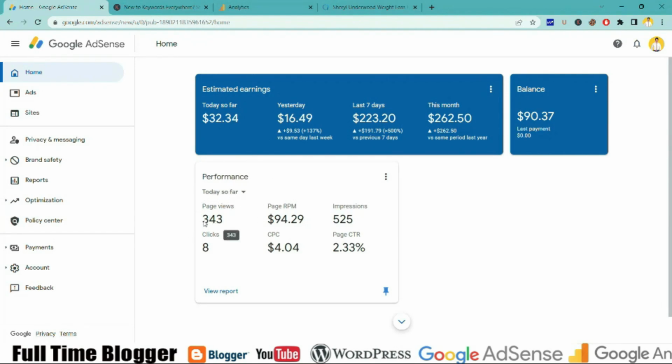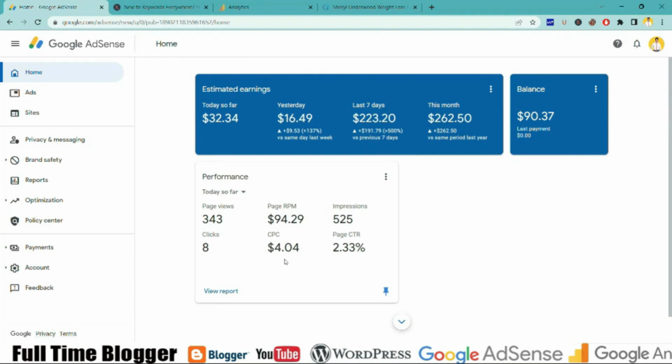I earn this money because my CPC is very good. Here you can see the RPM. My RPM is 94, and I have only 525 page views and only 8 clicks. Here you can see my CPC.